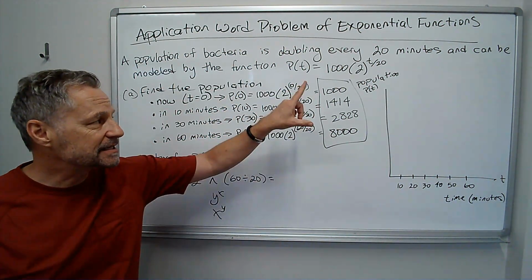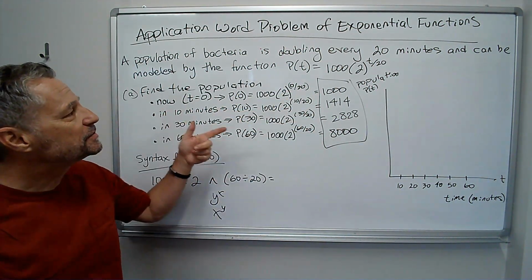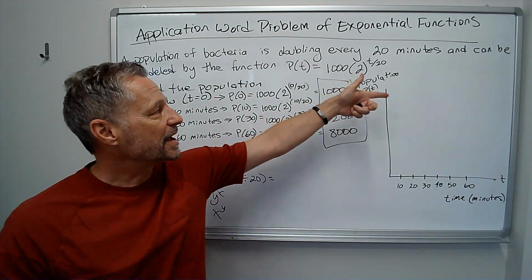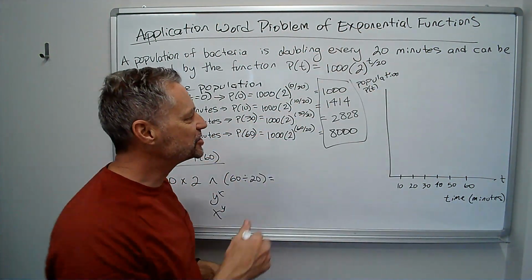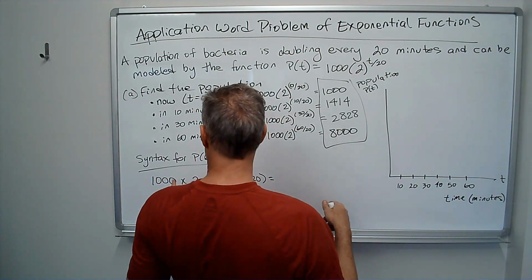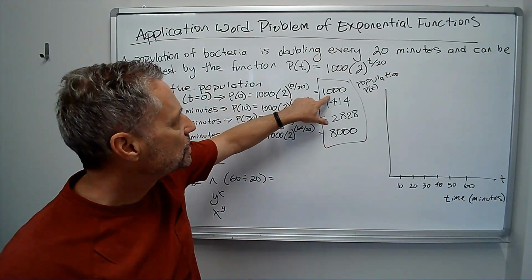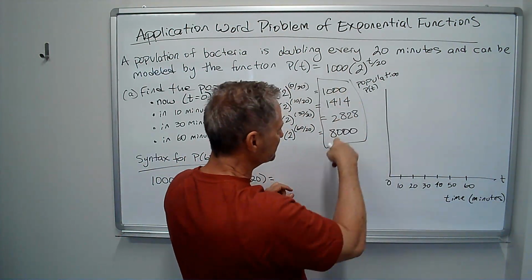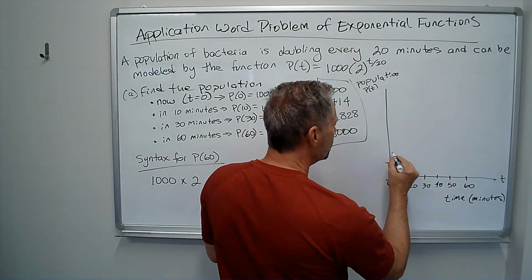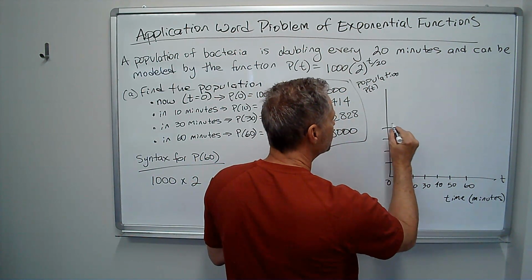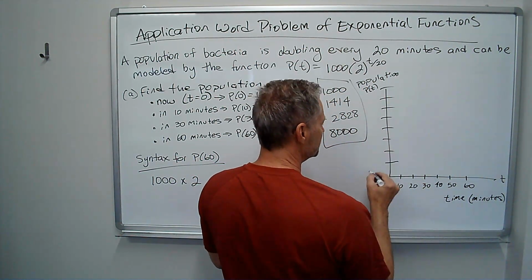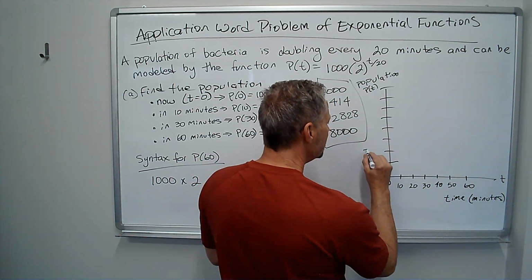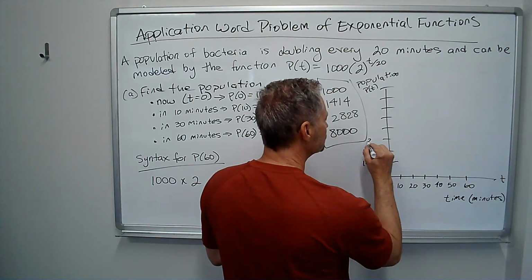We've answered A. Let's answer B, which would be, I didn't write it up here, graph the function. So let's see. At 0 minutes, I'm at 1,000, so I'm here. We're going up to 8,000, so let's go 1, 2, 3, 4, 5, 6, 7, 8. So we're going up by thousands.